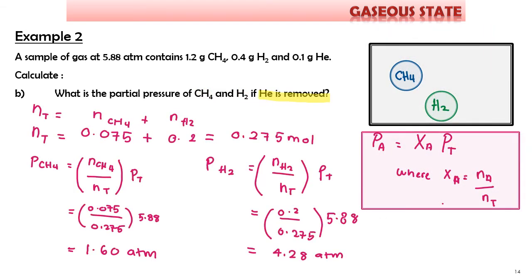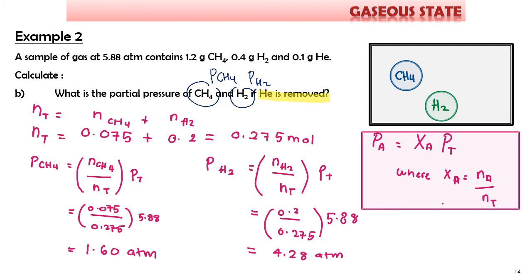So when you want to calculate, so if you want to find the partial pressure of each gases, CH4 and partial pressure of H2. Okay, so you just use the same formula.